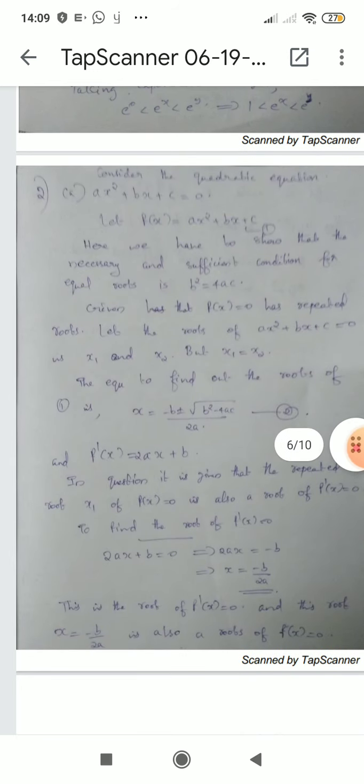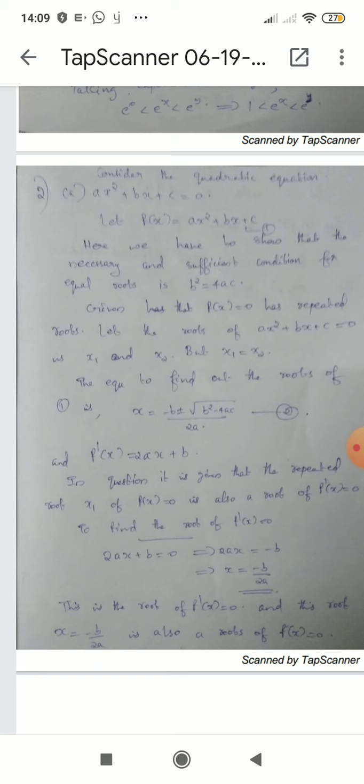Okay. So, the form of the quadratic equation is ax square plus bx plus c equal to 0. I take ax square plus bx plus c as f of x. Then, we know that the formula to find the roots of a quadratic equation is x equal to minus b plus or minus root b square minus 4ac by 2a.